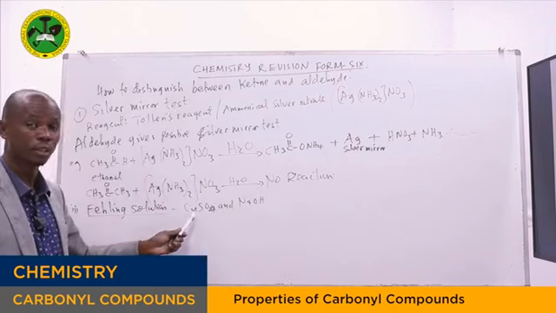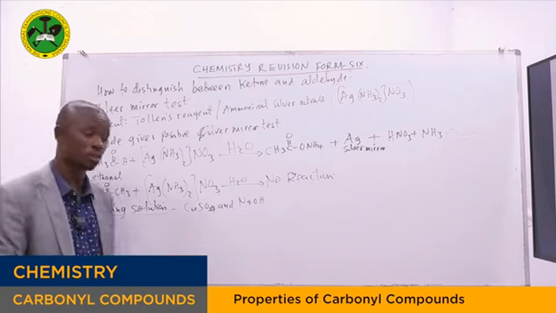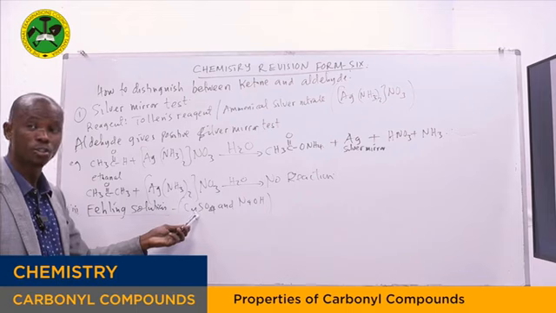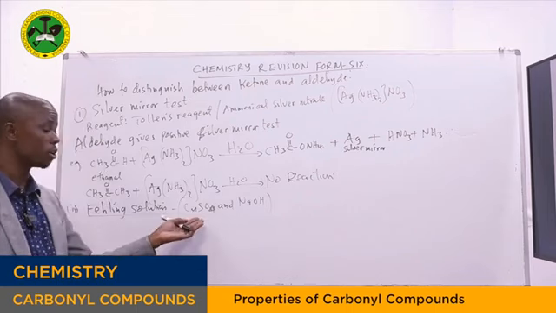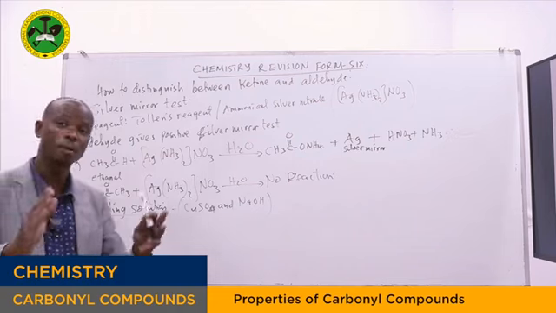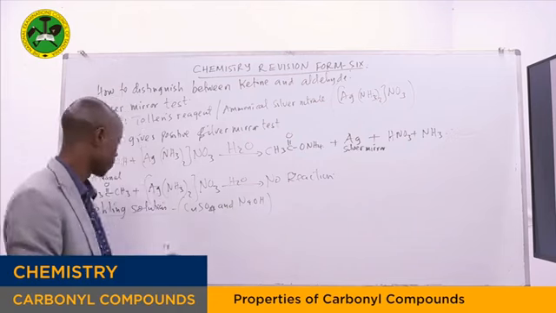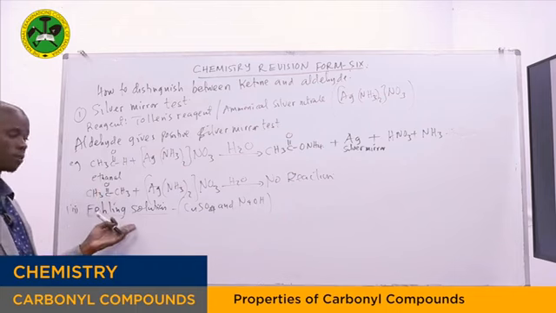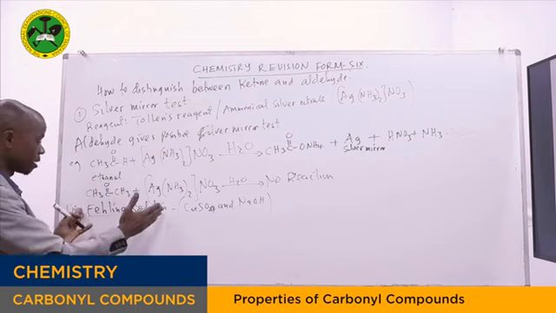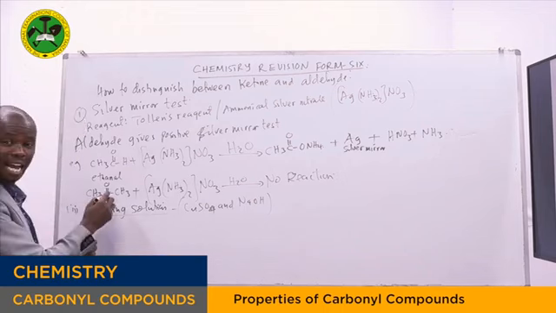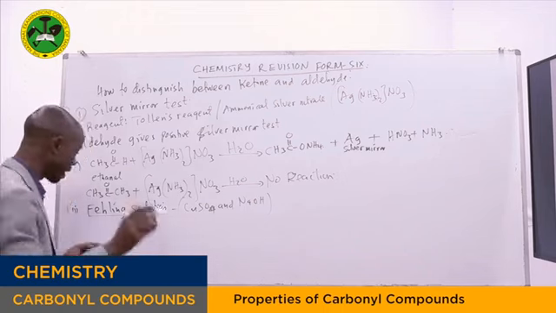This copper 2 ion, because this also is a mild oxidizing agent, will itself be reduced into copper 1 oxide, which will look like a brick red precipitate. The aldehyde will give a positive Fehling solution test, but ketone does not. Why aldehyde? Because it is a strong reducing agent.